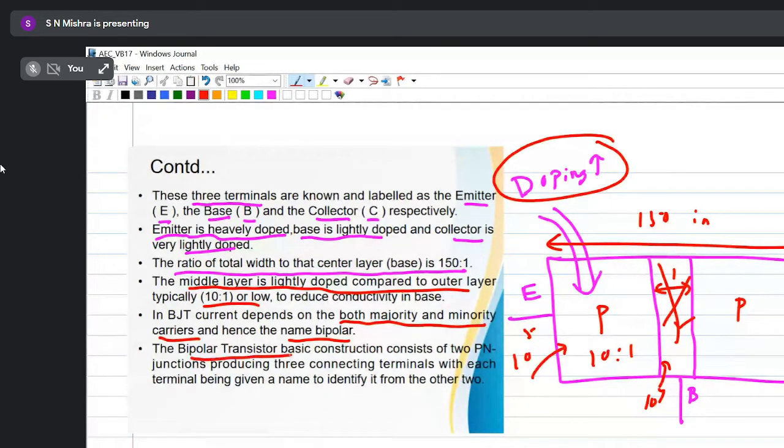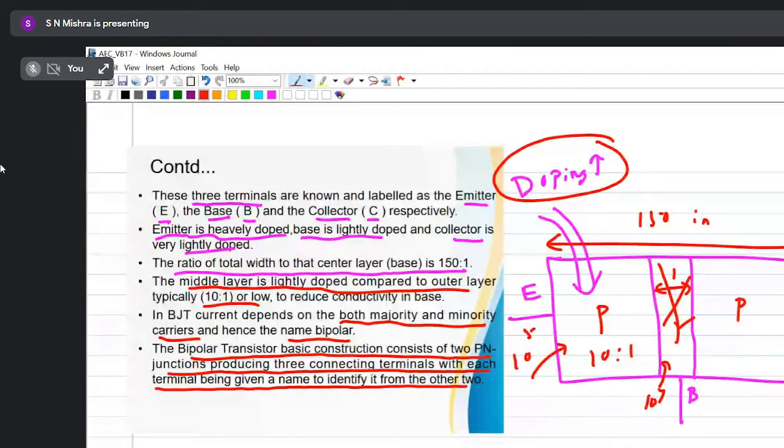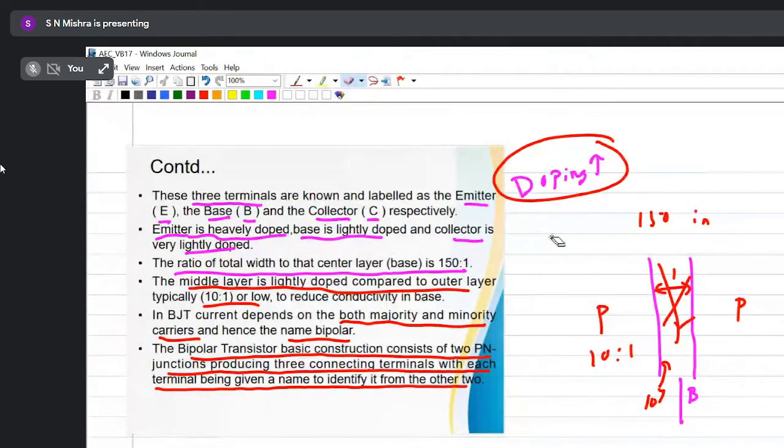Bipolar junction transistor construction consists of two PN junctions producing three connecting terminals, with each terminal given a name as its identity. That means as we have seen here, this transistor has two junctions, a PN junction and an NP junction.